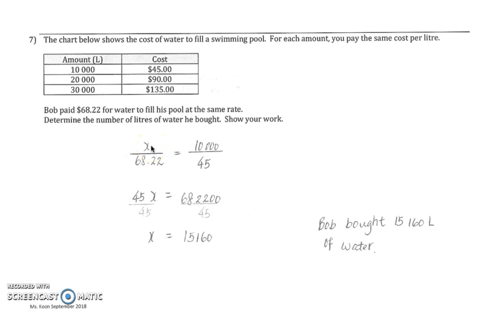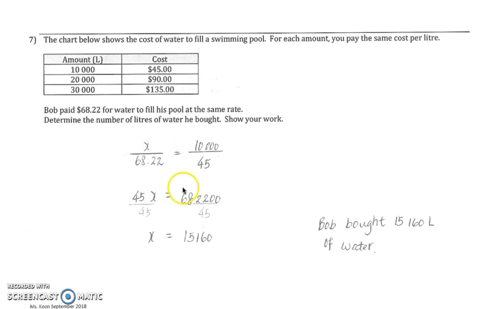We can compare Bob needs X liters of water to the price he paid, $68.22, and make it equal to one of the given pieces of information. Let's say we keep the small numbers, so we use the first row in the data table, 10,000 liters of water paid at $45.